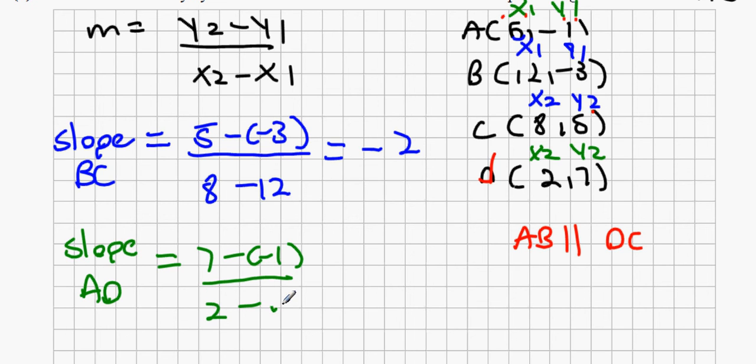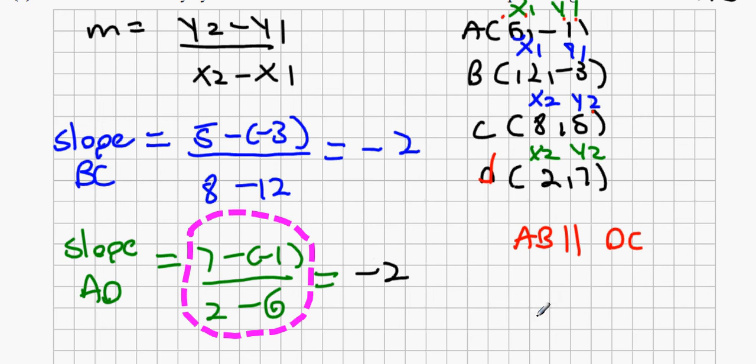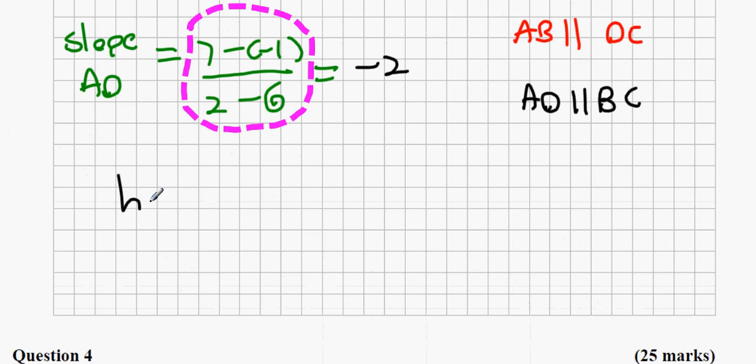Put that into the calculator. What I mean by putting in the calculator is just put it in exactly as it looks, nothing fancy about it. Minus 2. And then we know that AD is parallel to BC, hence it's a parallelogram. ABCD is a parallelogram.